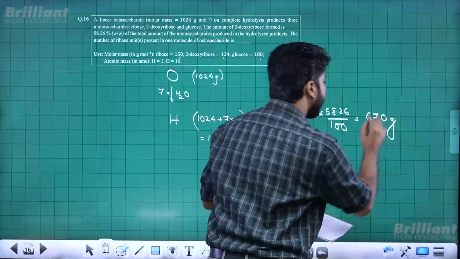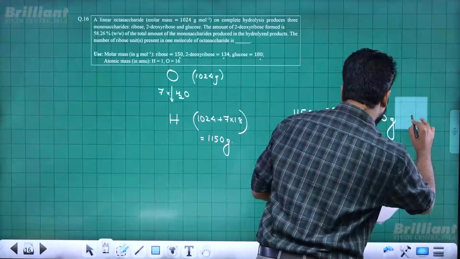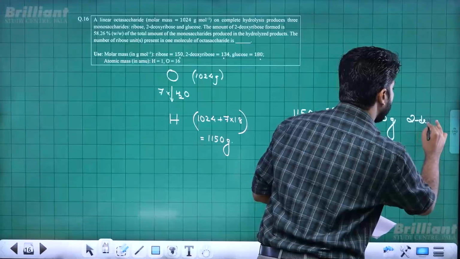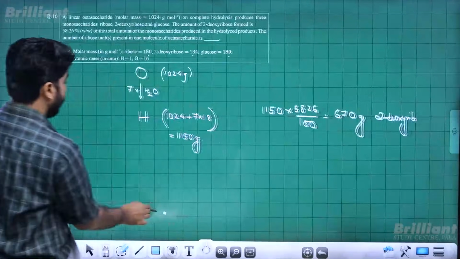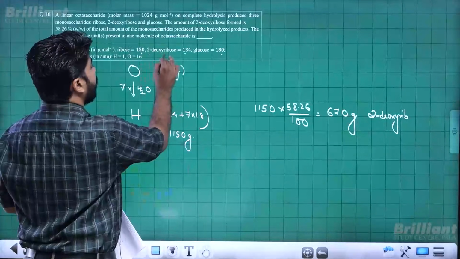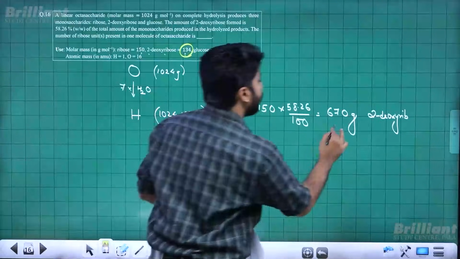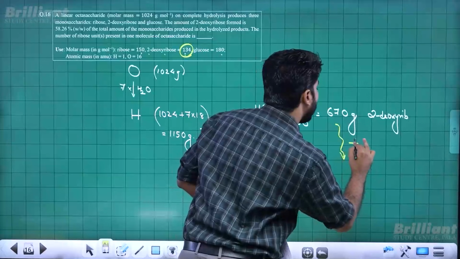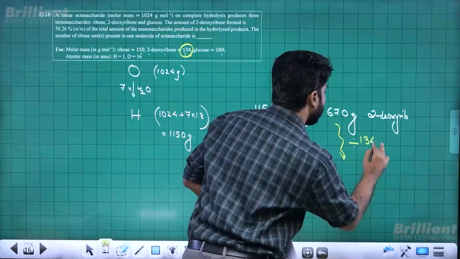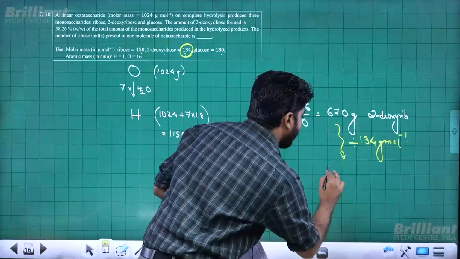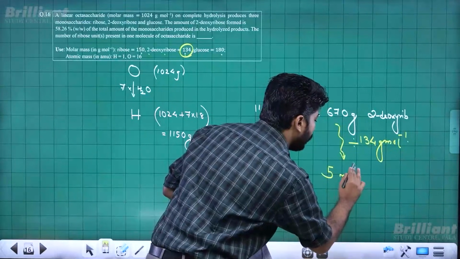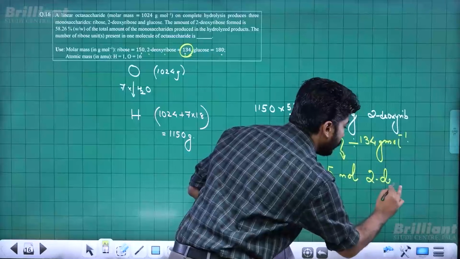So 670 gram is the weight of 2-deoxyribose. And we know the molar mass of 2-deoxyribose is 134. So 670 grams of 2-deoxyribose means 5 moles of 2-deoxyribose.